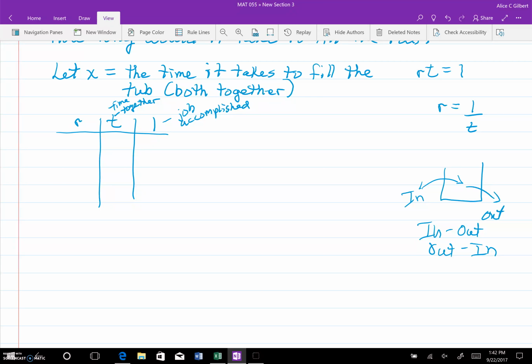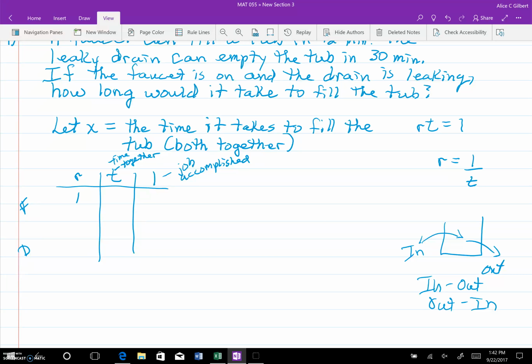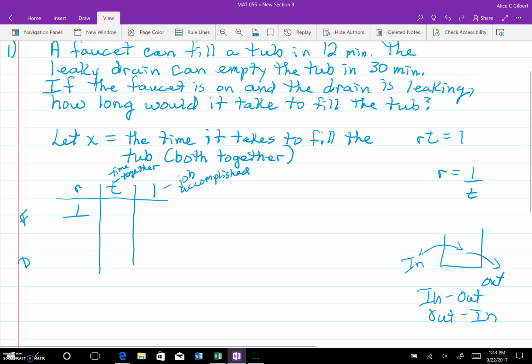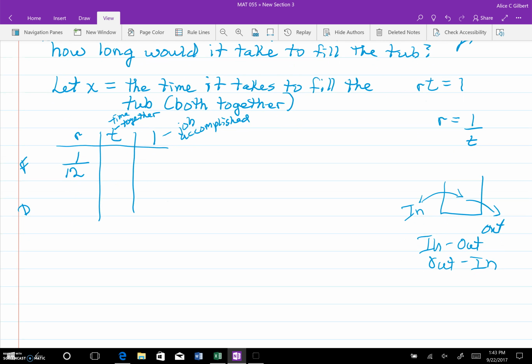Okay, so we have a faucet and we have a drain. So it says a faucet can fill a tub in 12 minutes. Well, that would be 1 over its time. Well, its time is 12 minutes. The faucet fills it up in 12 minutes, 1 over 12.